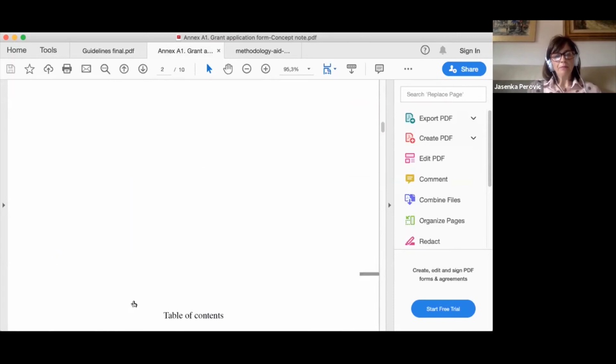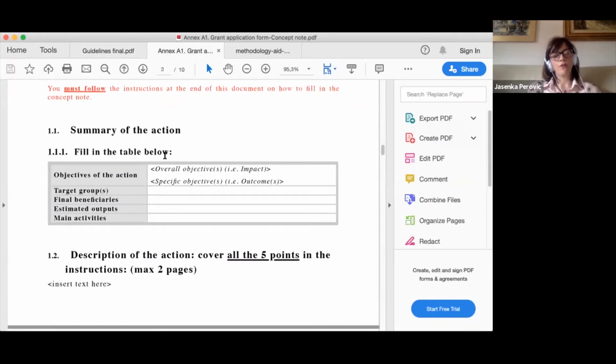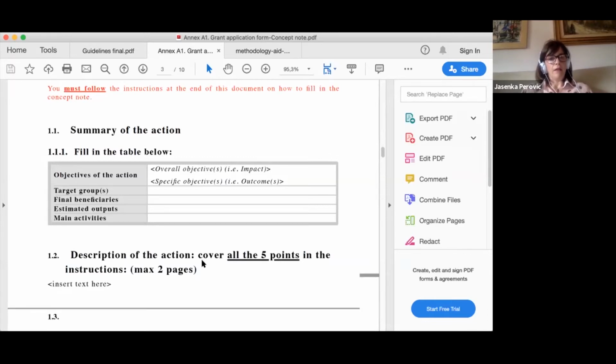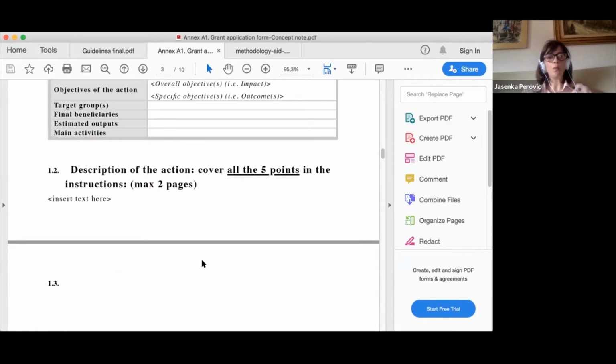Then basically do not forget to fill out this table, which is 1.1.1, but my advice for you would be to fill it once you finish writing the concept note. Okay, then if you scroll further, you will see that the concept note itself has two main chapters.